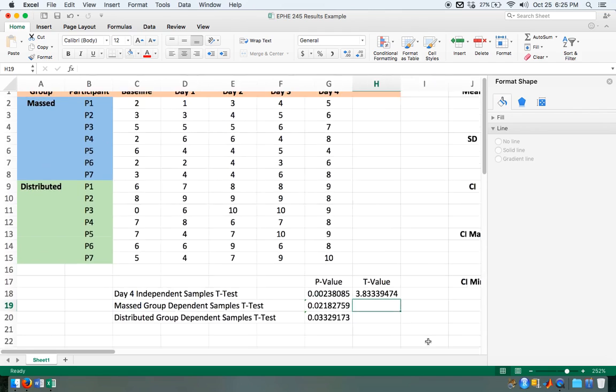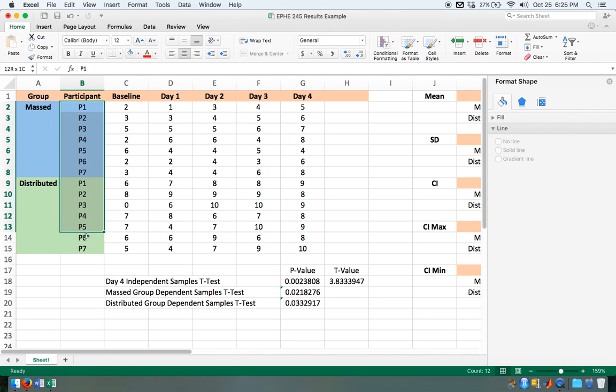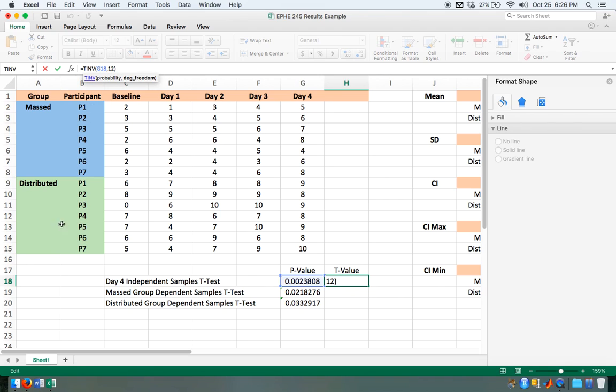By n I mean how many people are in this whole sample. We have 14 people in total, and we take minus 2 because there are 2 different groups, and that's our degrees of freedom. So 14 minus 2 groups is 12. That's not necessarily the best way to describe it, but I think it's good enough here so you can understand what I'm saying without getting into the dynamics behind it.